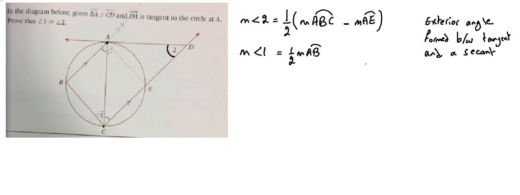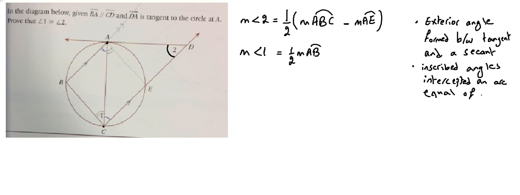The reason for this is the definition of an inscribed angle: it intercepts an arc, and equals half of its measure.